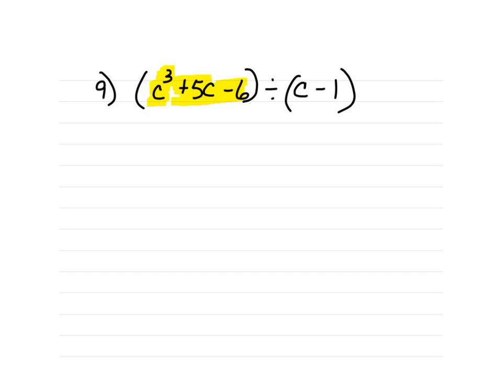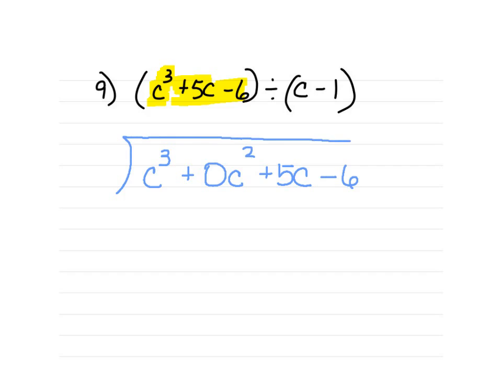I need to put in a placeholder. For example, c cubed plus 0c squared plus 5c minus 6. Okay? Because you need to account for every exponent in descending order. Divided by c minus 1.